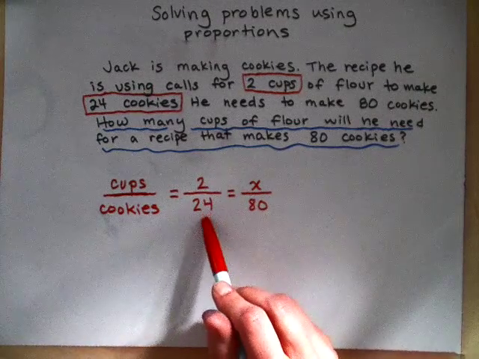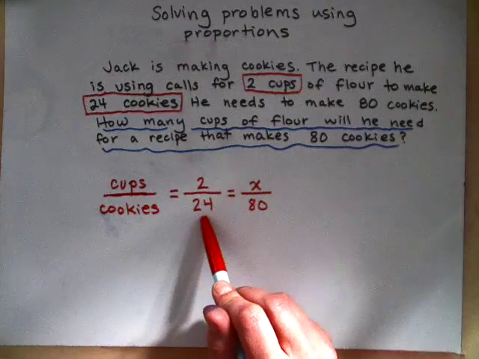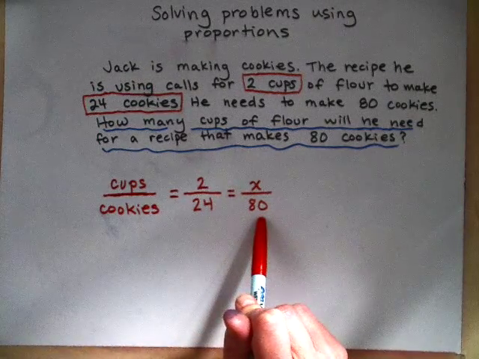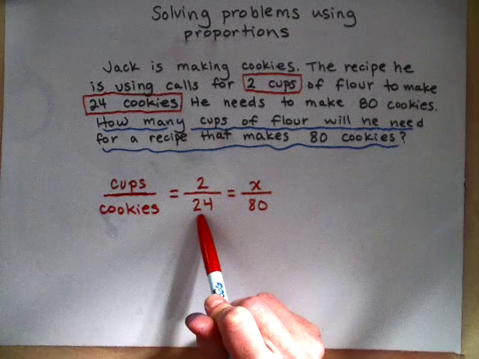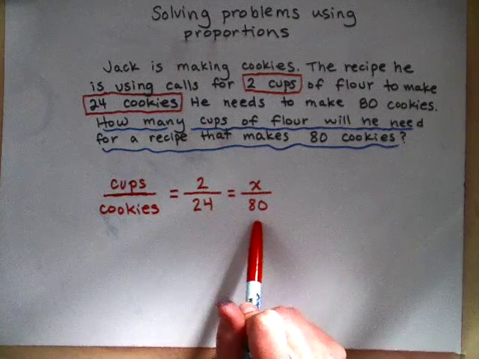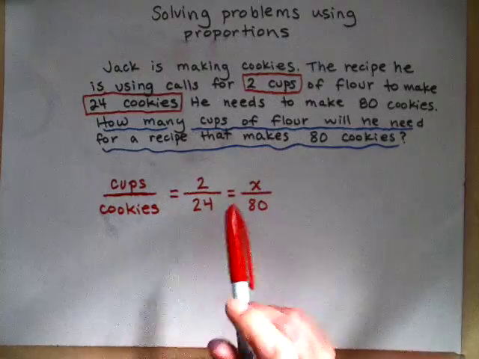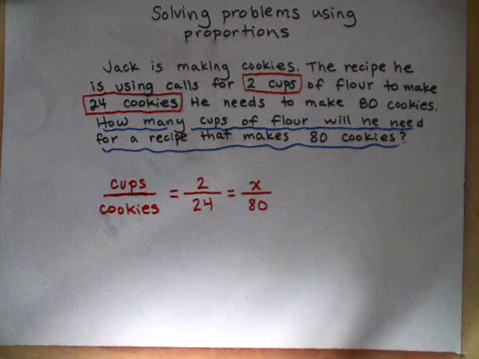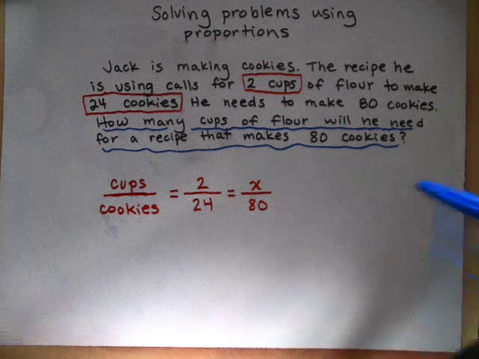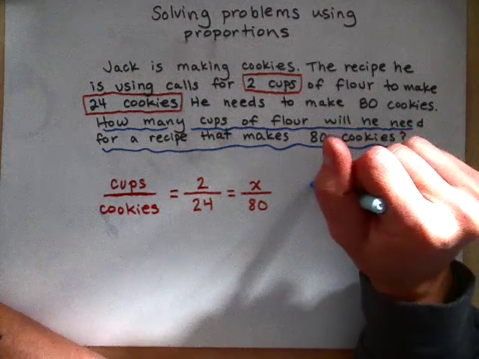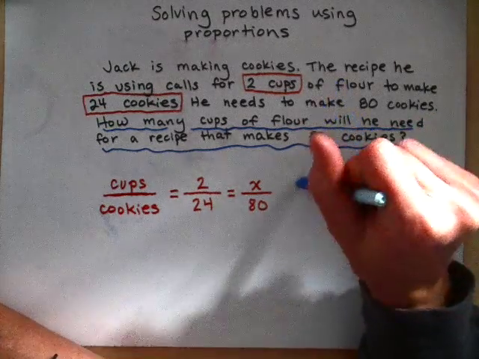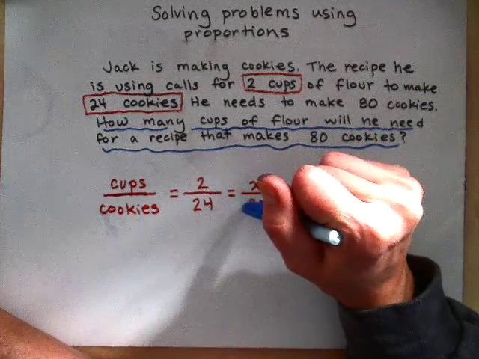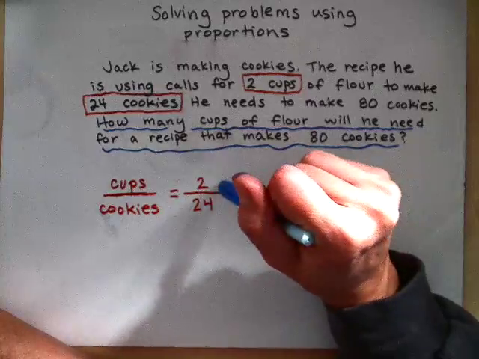I know that 24 can't multiply by any whole number to get to 80, because 24 doesn't divide evenly into 80. So what I'm going to use in this problem is cross multiplication. If you remember from the other video on proportion basics, it's the cross products. So I'm going to use cross products to solve this problem.